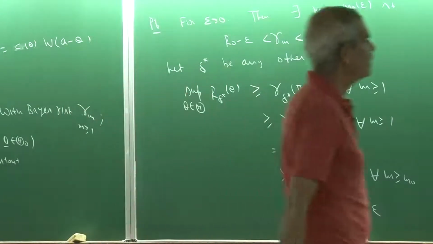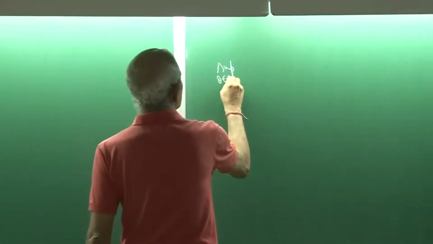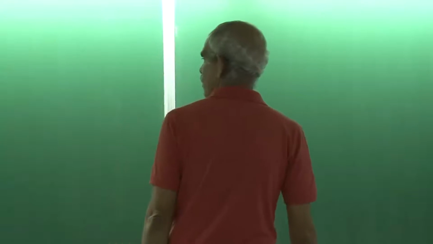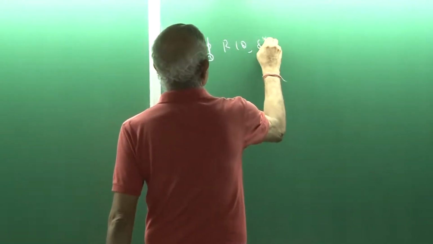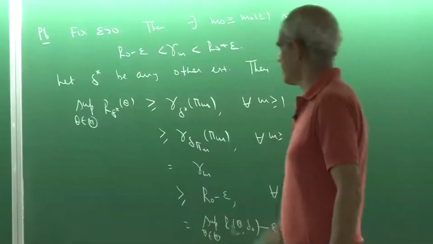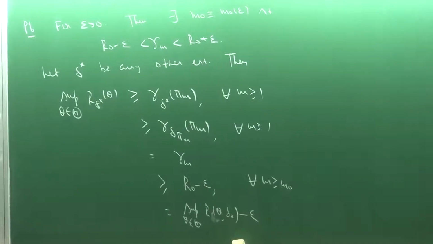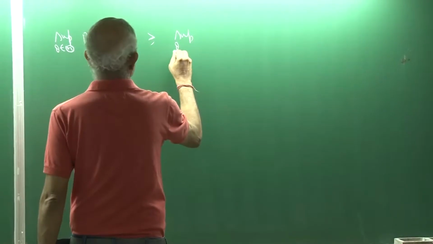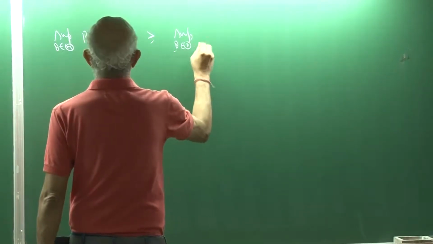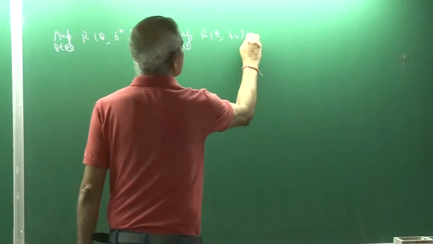So what do you get? You get the supremum over theta belonging to Theta of R delta star. I'm interchanging; sometimes I write the risk as R delta star theta, sometimes R theta delta star, so I think it is clear from the context. So this is always greater than or equal to the supremum over theta belonging to Theta of R theta delta naught minus epsilon.